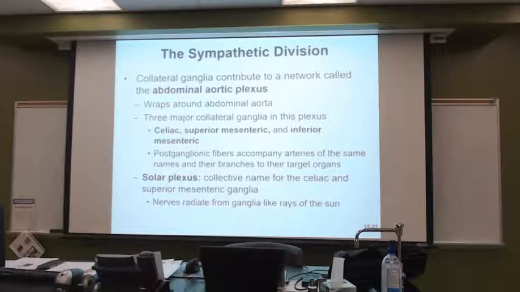Have you guys ever heard of that? Yep. Okay. What happens if someone gets hit really hard in that area? They took a punch to the solar plexus. Most of the time, that puts them down, okay?